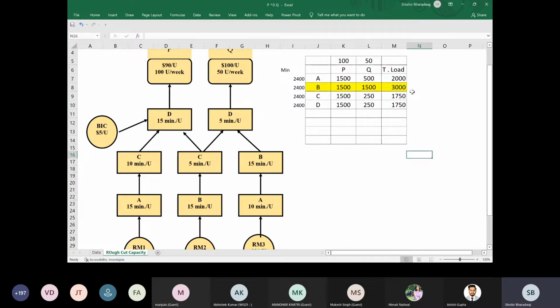One guy comes to you and says, sir, I will improve your throughput by making sure that I save 1 minute of operation on raw material 2 at machine B. But sir, it will increase 3 minutes of operation on machine C.